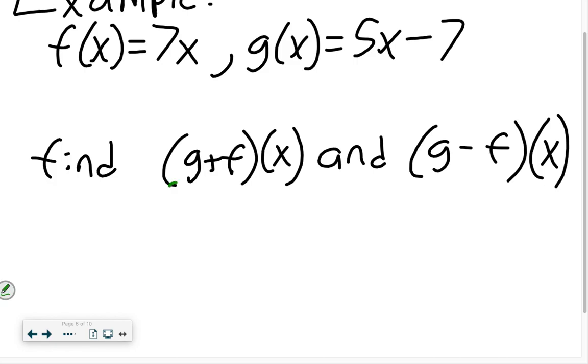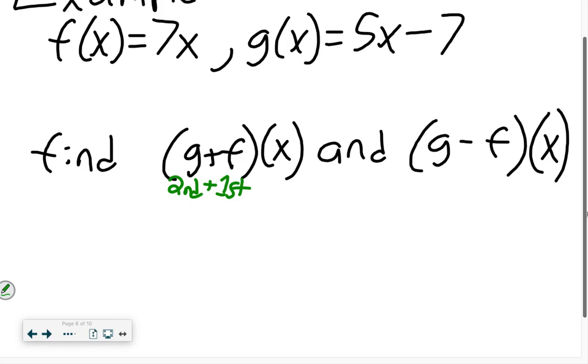So again, this is second plus first. Now, some of you might notice that if you did f plus g, it'd be okay. The only time it really causes issues is if you do g minus f. So you have to make sure that if it's a minus sign, you write it in the right order.